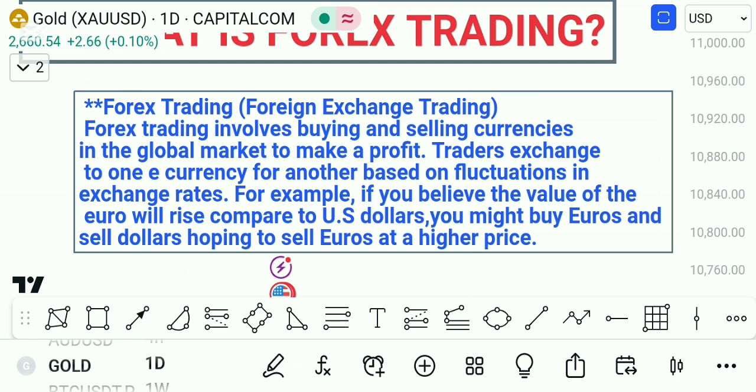For instance, if you believe that the value of the euro, that's one of the currencies, will rise compared to the US dollar, then you might buy euros and sell dollars. Now, what happens is that when you are buying euros, you are indirectly selling dollars. So when you buy one, you are selling one. I hope you guys will understand better further.